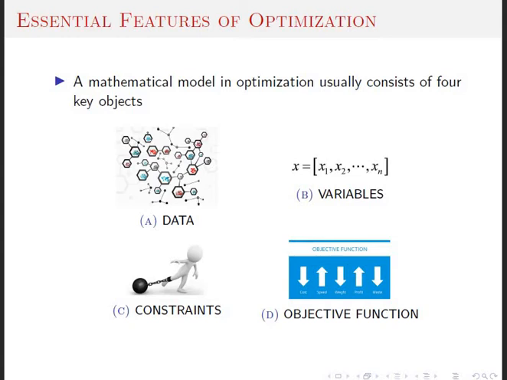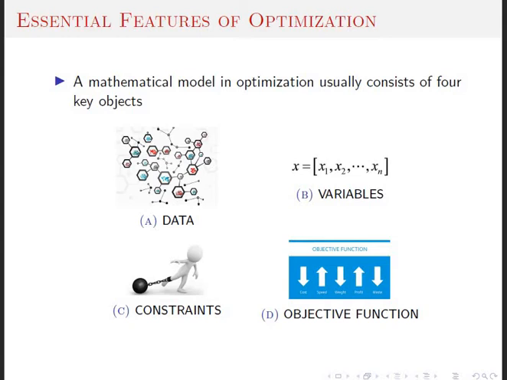Thirdly, in practice, design variables cannot be selected arbitrarily but have to satisfy certain requirements. These restrictions are called design constraints, or just constraints. They may represent limitations on the performance or behavior of the system.